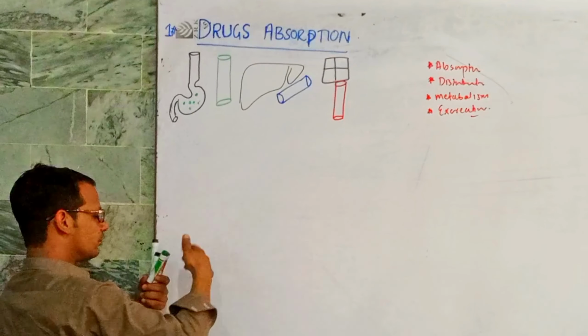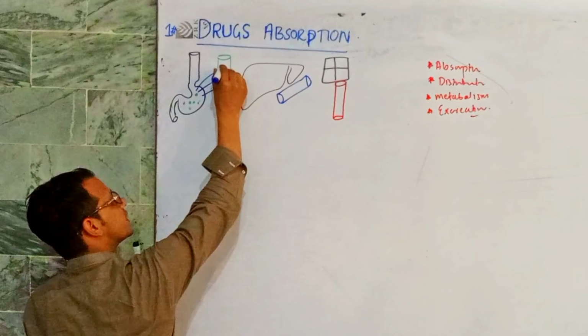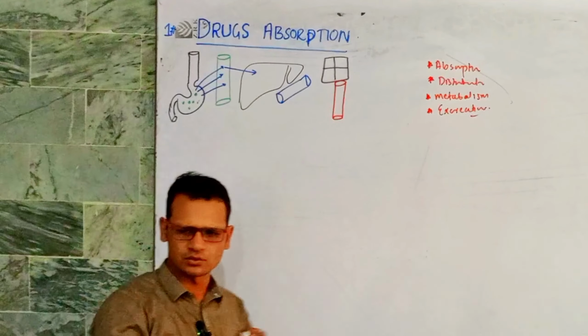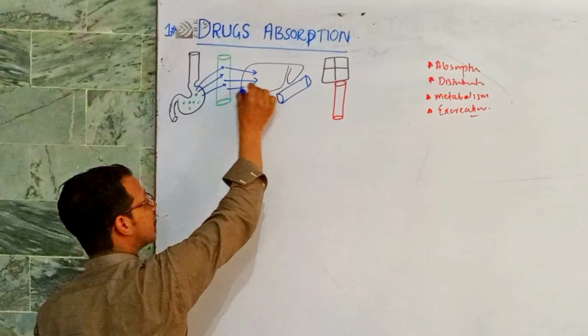First, it will move to portal circulation. From portal circulation, it will follow passive transport, active transport, or endocytosis, either one of those, and it will go to the liver.